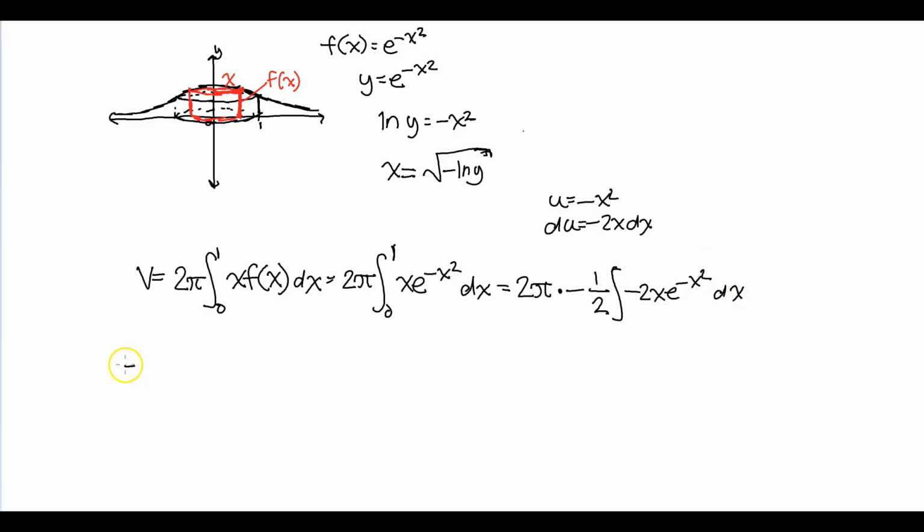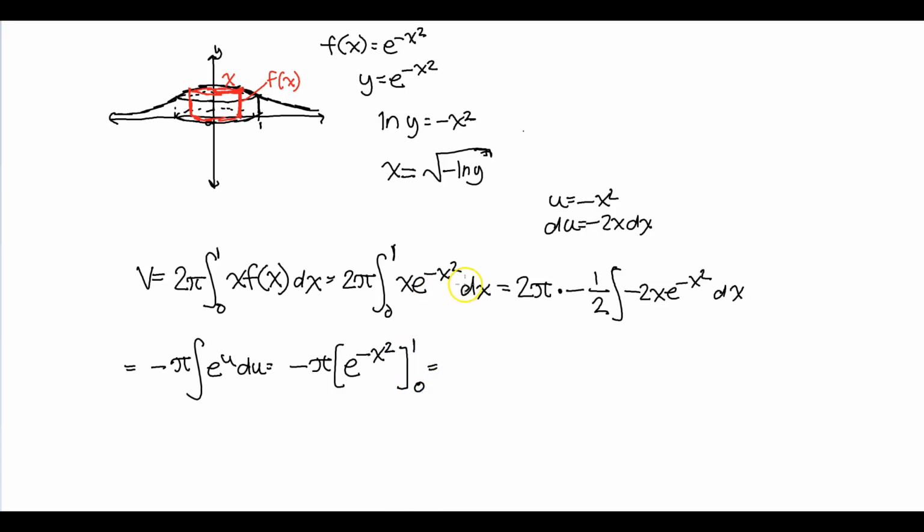This essentially becomes negative pi times the integral of e to the u du. And that equals negative pi times e to the negative x squared from 1 to 0.